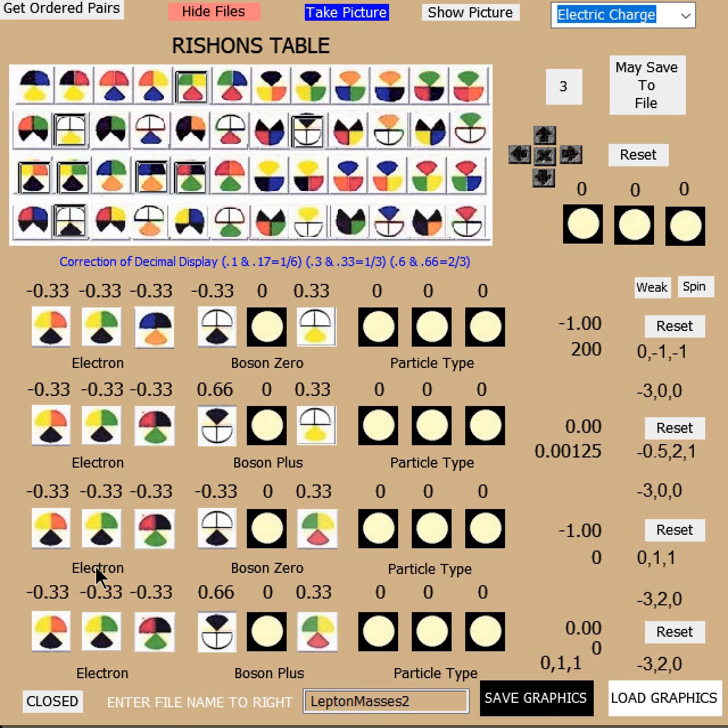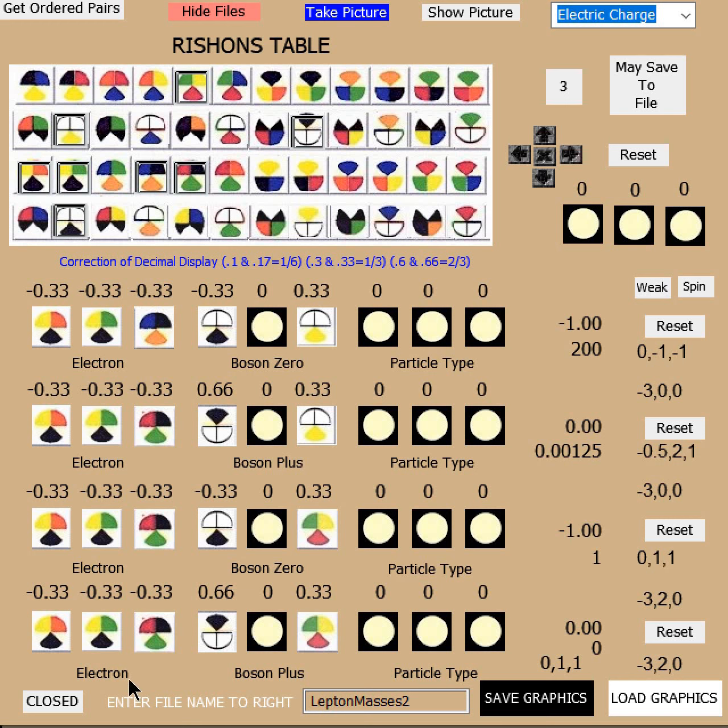And so the muon gives us 200, or the generic electron, and we get a division by 200, which will give us a mass of 1. And so this composition is seen to be the composition of the electron.